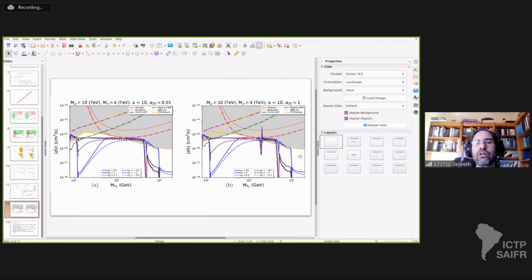In the previous talk, we learned that SWGO will be complementary to CTA in this region and will have even better sensitivity. So SWGO also has an opportunity to discover or disprove this model.